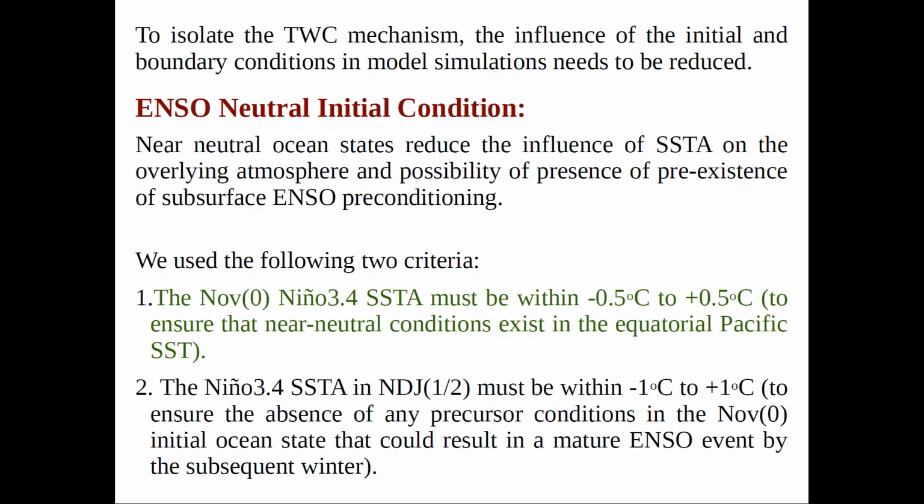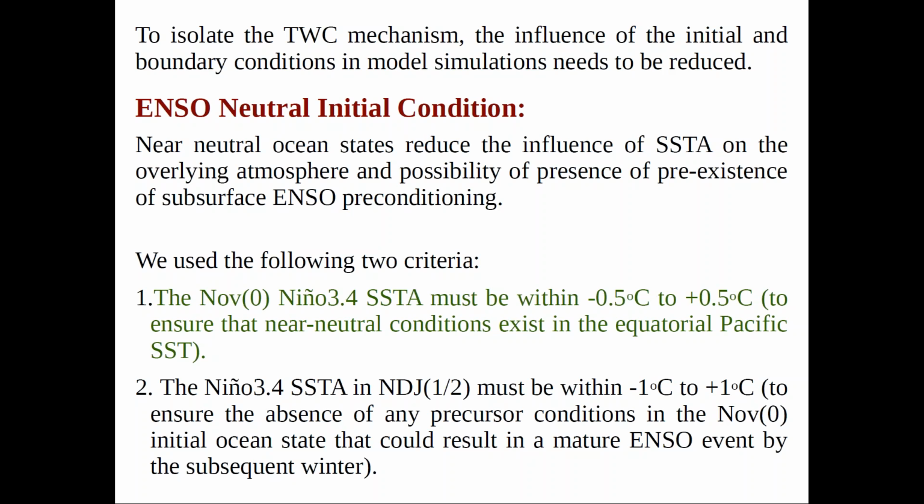So we use two criteria. This is the November 0 NINO 3.4 SST. We use that it is within plus minus 0.5, so it will ensure that there is not much ENSO signal in the surface.